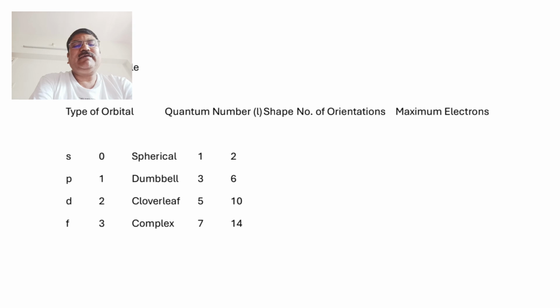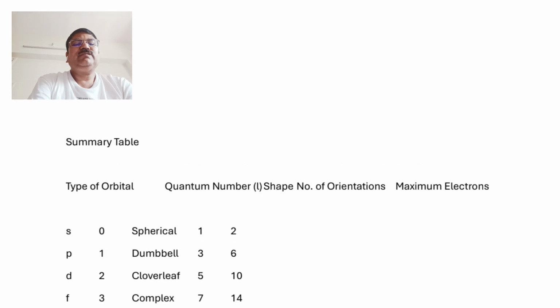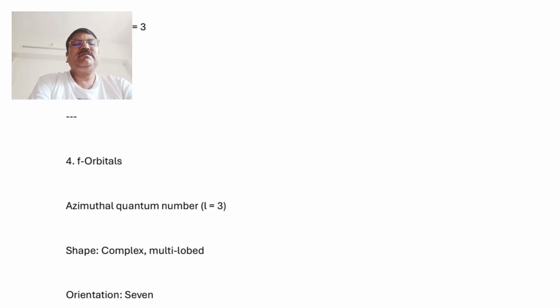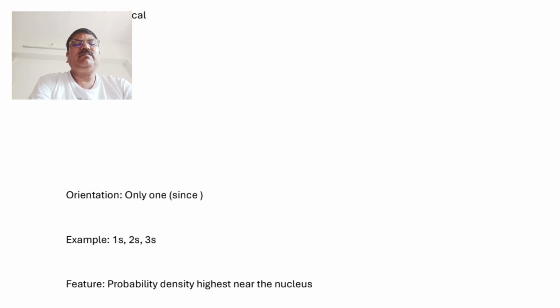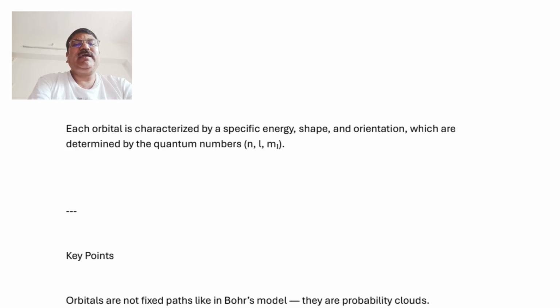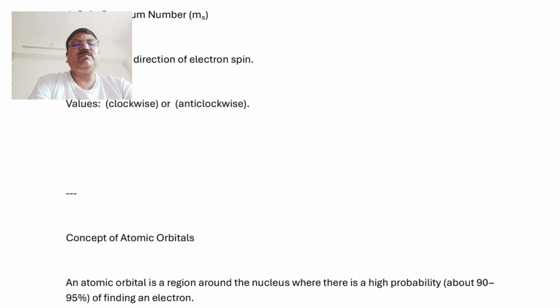The d orbital has azimuthal quantum number 2. The f orbital has azimuthal quantum number 3. So 0, 1, 2, 3. These are the shapes shown by these quantum numbers known as the azimuthal quantum number.